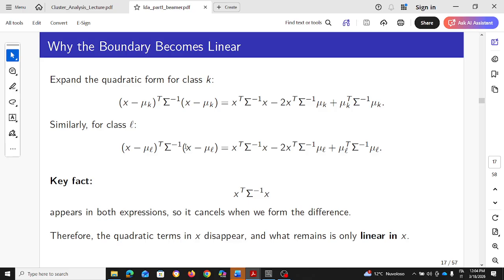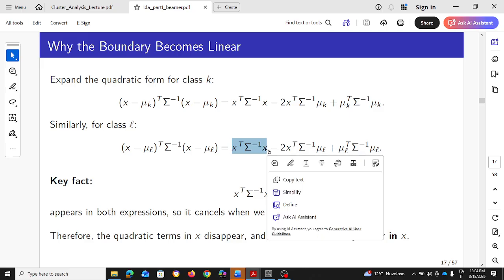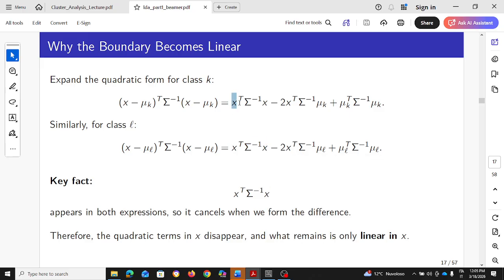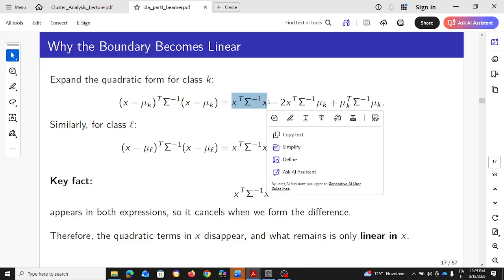The key fact to note here is this first term, this one and this one, appears in both expressions, in class K and in class L. And it will cancel out when we do the comparison.